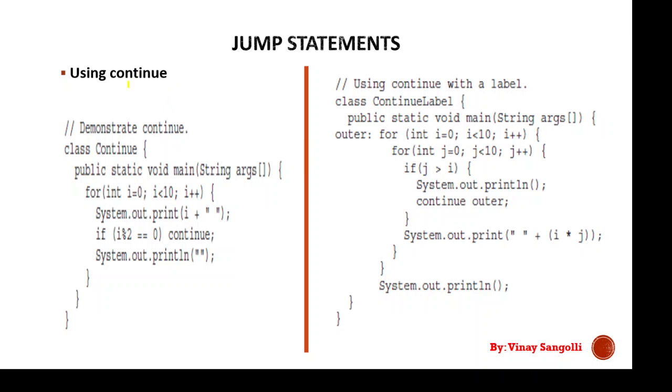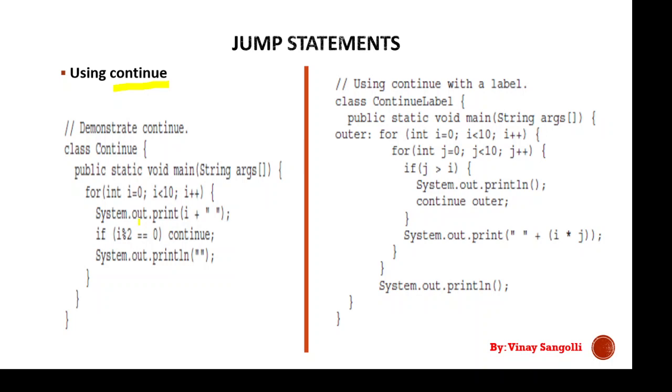The continue statement is very similar to the continue statements in other programming languages. It is usually used to force an early iteration of a loop. Say, for example, I want the loop to continue, then you will be using it. What do you mean by wanting the loop to continue?